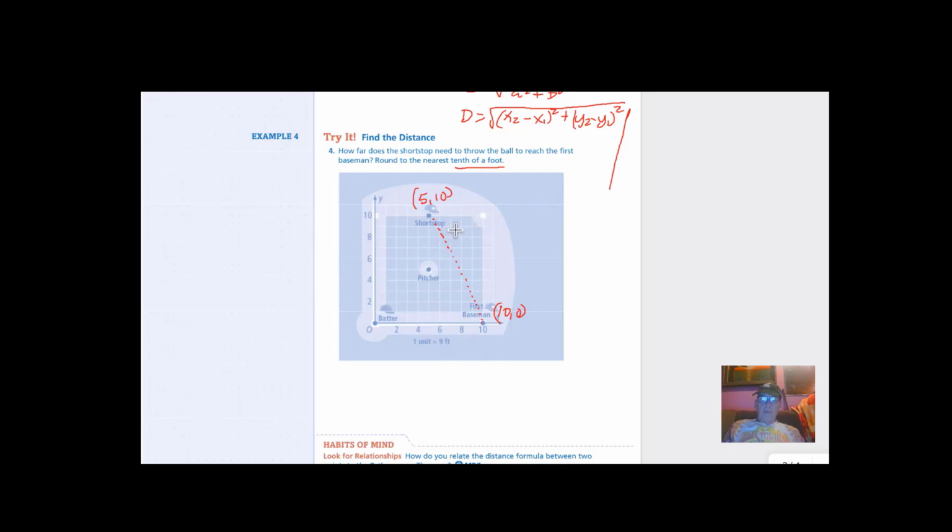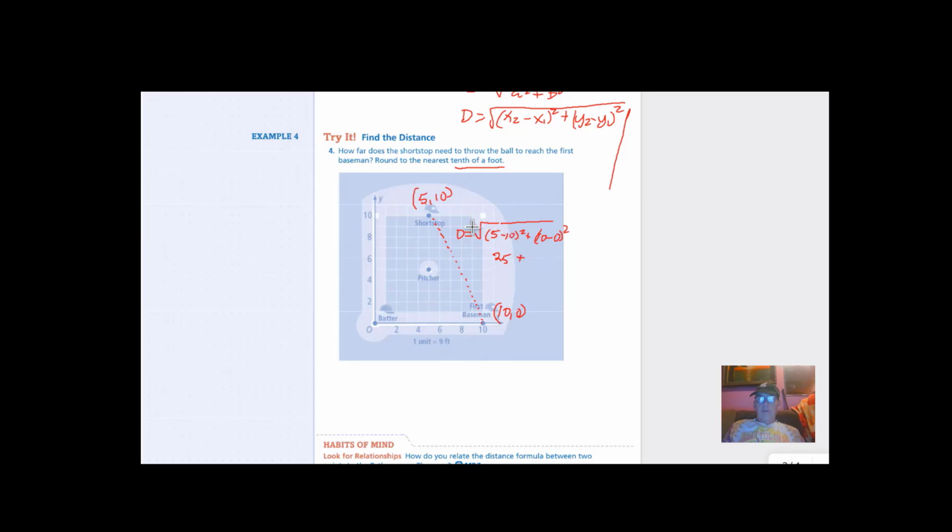So the distance is equal to the square root of the difference of the x's squared, 5 take away 10 squared, plus the difference of the y's squared, which is 10 take away 0 squared. So 5 take away 10 is negative 5, and negative 5 squared is negative 5 times negative 5, which gives me 25.